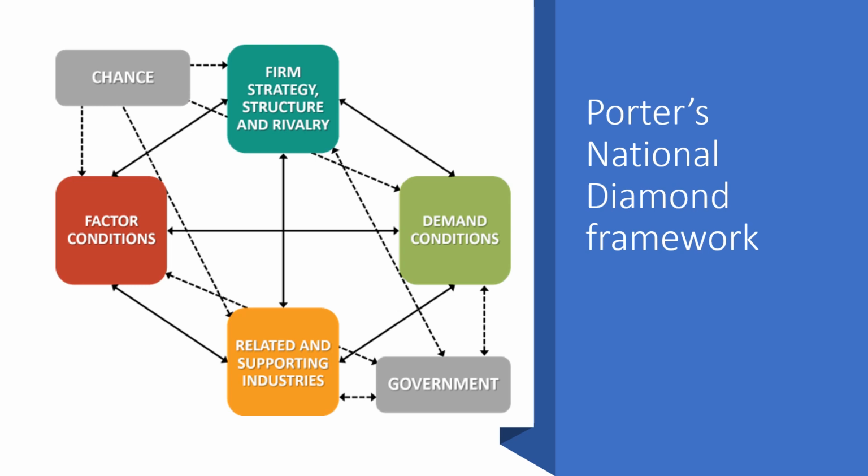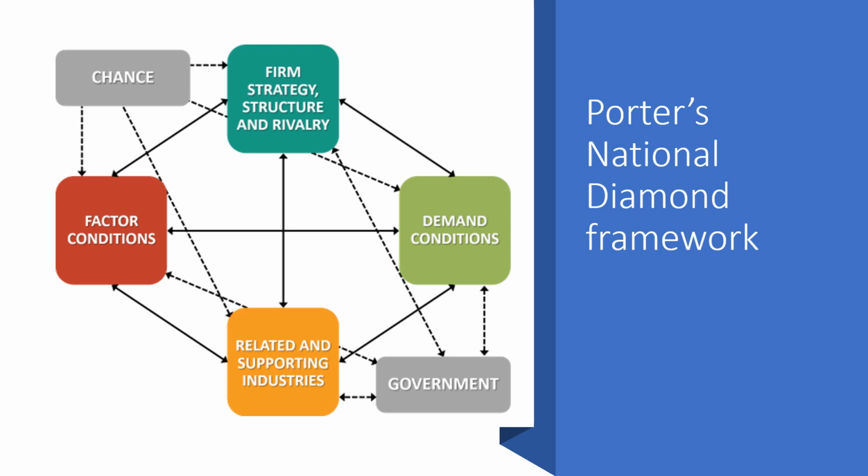This is highlighted in the company's annual report, which notes that Alphabet collaborates with other businesses, organizations, and individuals to help solve the world's most pressing challenges, and that it works with partners and customers around the world to help them succeed. And lastly, we have firm strategy, structure, and rivalry.